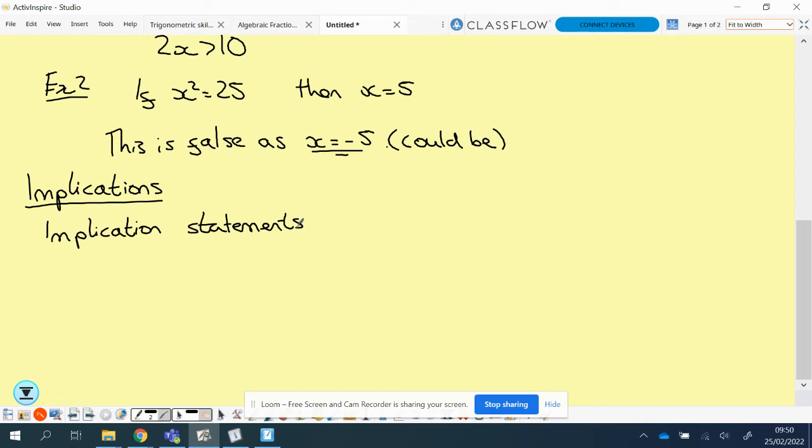Implication statements are often called if-then statements. If something is true, then does that happen? So there's a two-step part to the sentence there.